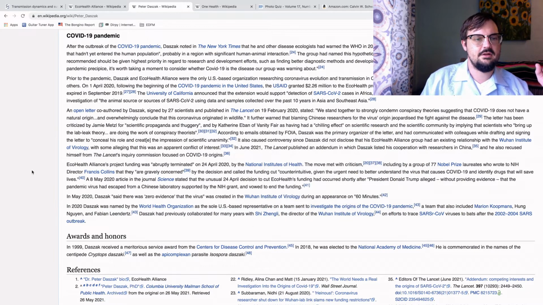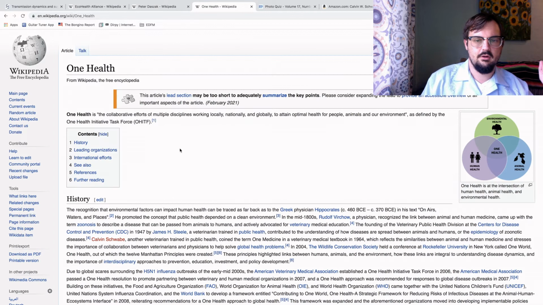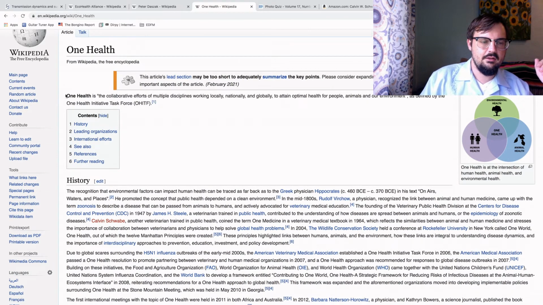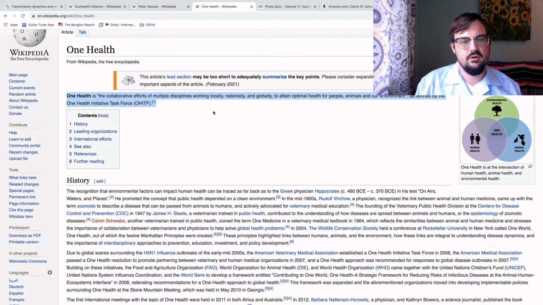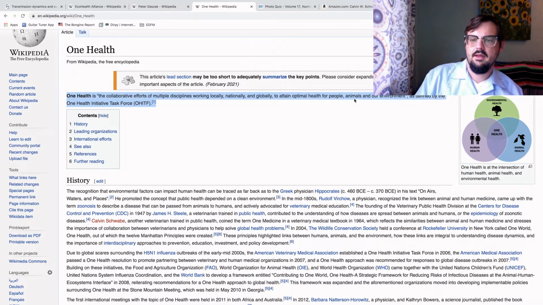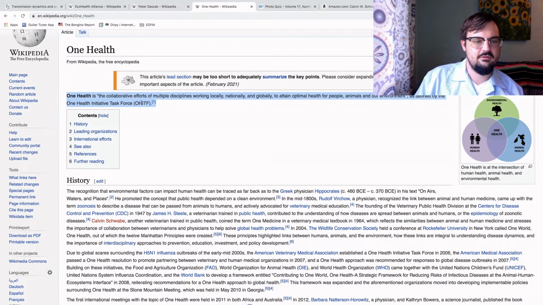So Peter Daszak is a huge guy, and his group EcoHealth Alliance is putting out this idea called One Health, and I'll just bring up the Wikipedia article here just so you can see. Their definition is One Health is the collaborative efforts of multiple disciplines working locally, nationally, and globally to attain optimal health for people, animals, and our environment as defined by the One Health Initiative Task Force.